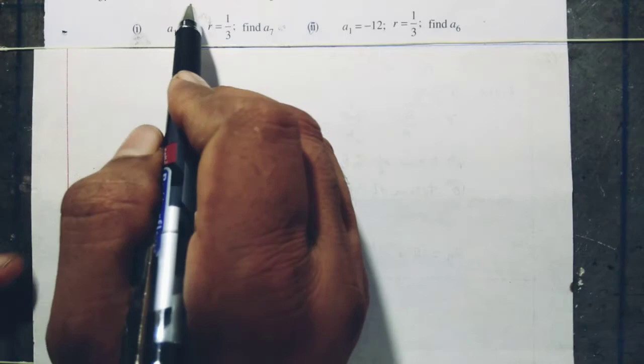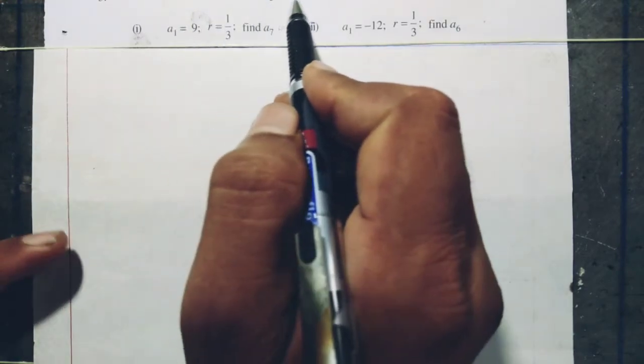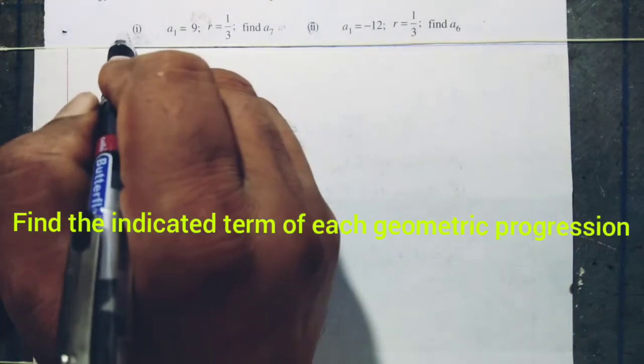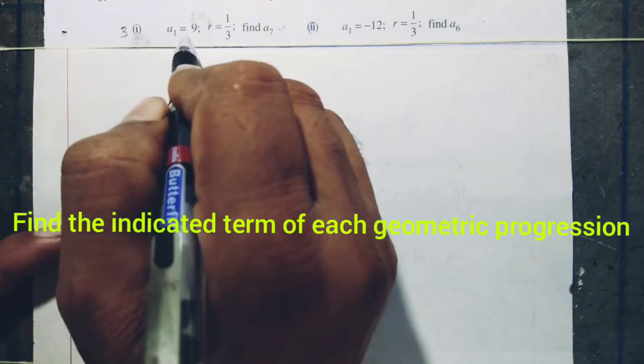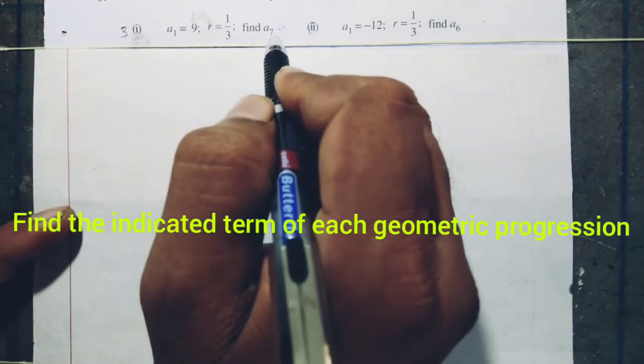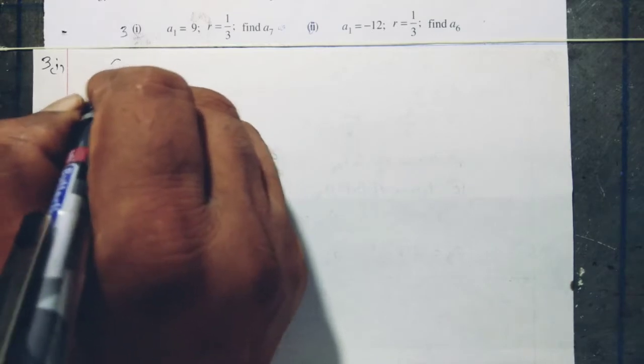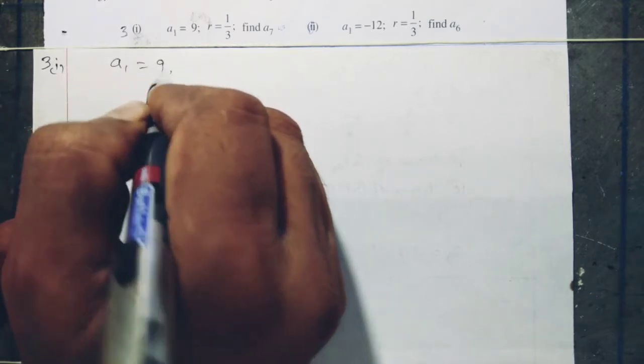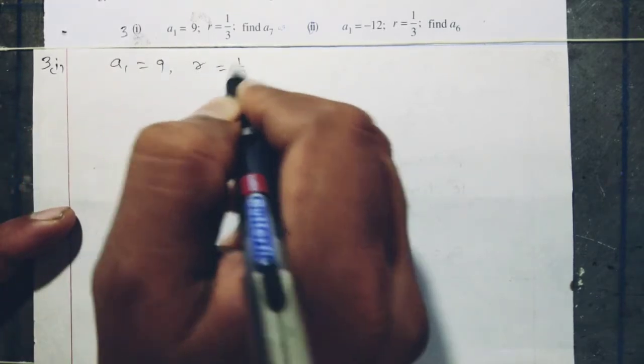Third bit, find the indicated term of each geometric progression. Third bit, first problem: a1 is equal to 9, r is equal to 1 by 3, find a7. Solution for third bit, first problem, given a1 is equal to 9, r is equal to 1 by 3.